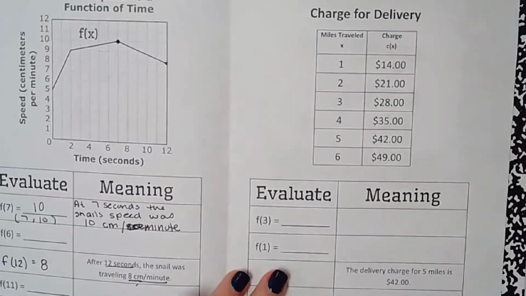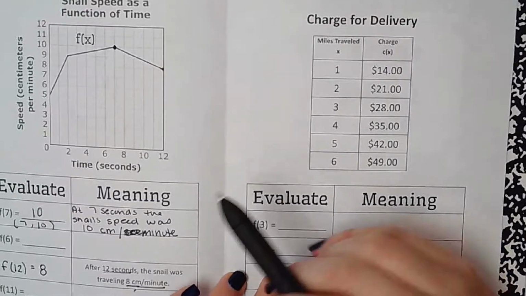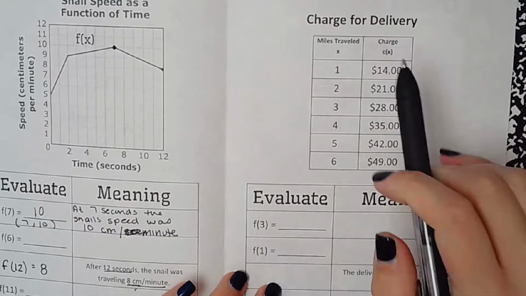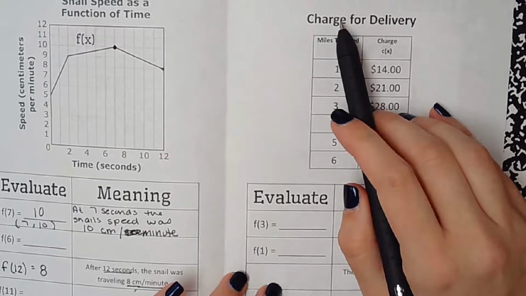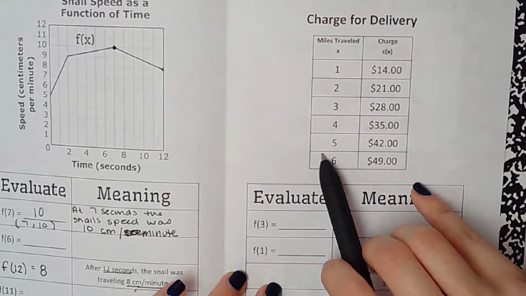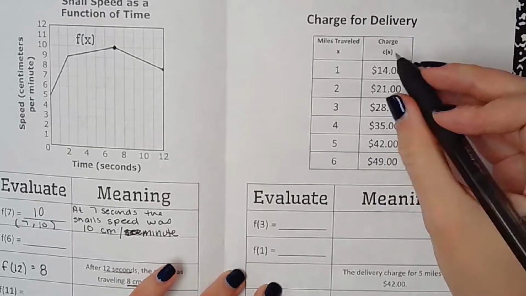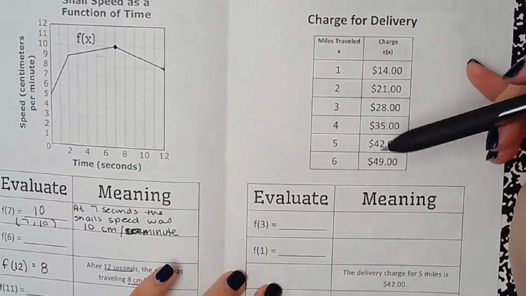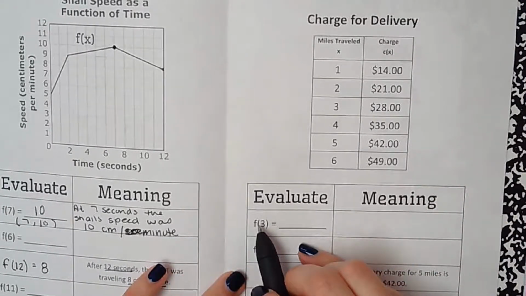We can also do this when we're looking at a table. So if I need to evaluate f of 3 in this table that's talking about a charge for delivery, where x is the miles traveled and y, or c of x, is our delivery charge, this says 3 is my x value.